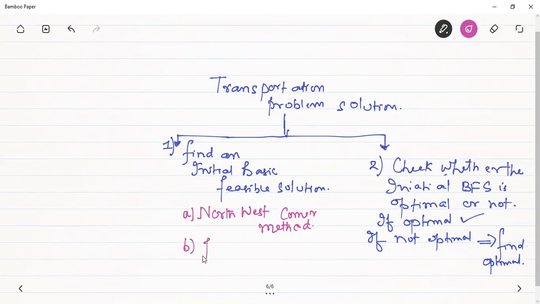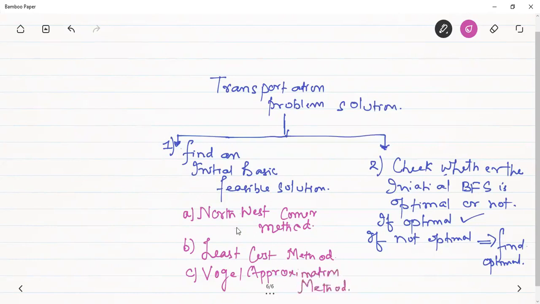The second is the least cost method. And the third is the Vogel approximation method. Today we will discuss the first two; VAM takes a lot of time. We will discuss the northwest corner method and the least cost method to find the initial basic feasible solutions.